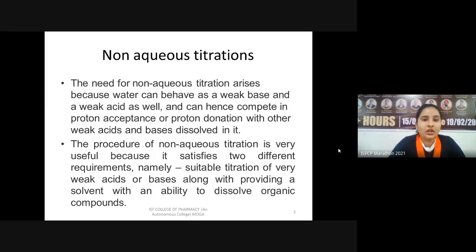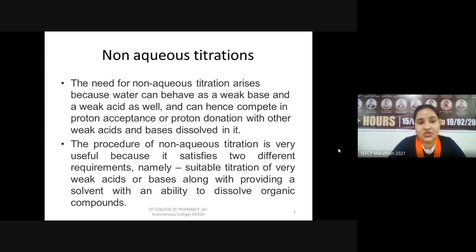So why was there a need to go for non-aqueous titrations? The reason behind this is that water dissociates into H positive ions and OH negative ions. These H positive ions and OH negative ions can compete with other weak acids and bases, and hence some error may take place.